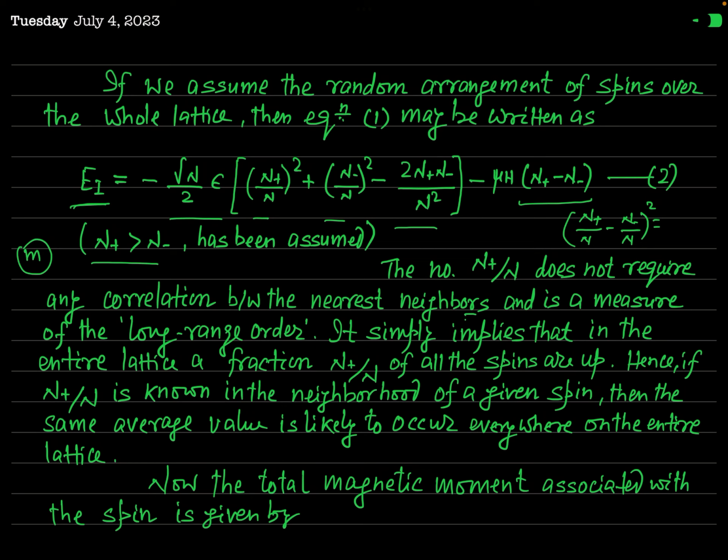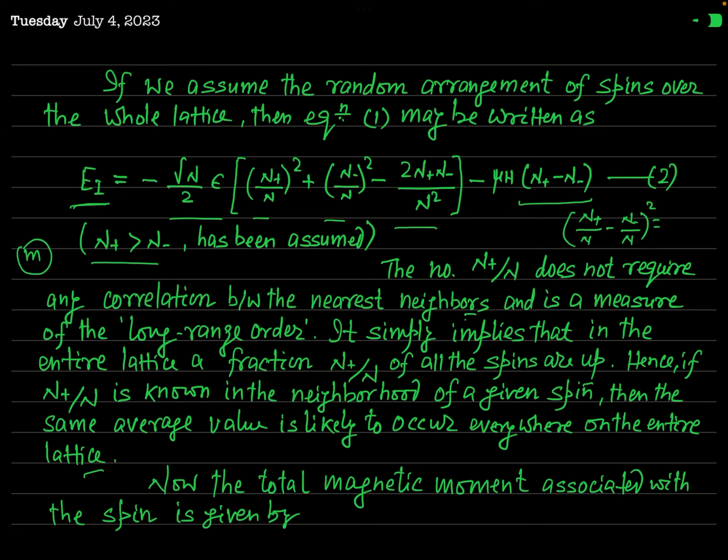This simply implies that in the entire lattice, a fraction n plus by n of all the spins are up. Hence, if n plus by n is known in the neighborhood of a given spin, then the same average value is likely to occur everywhere on the entire lattice, as I have told you earlier.